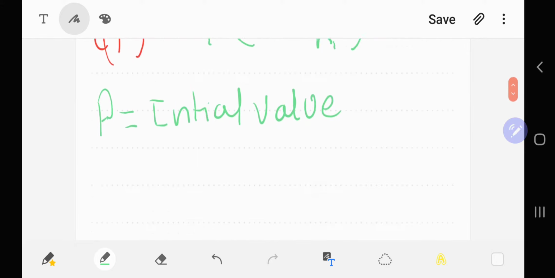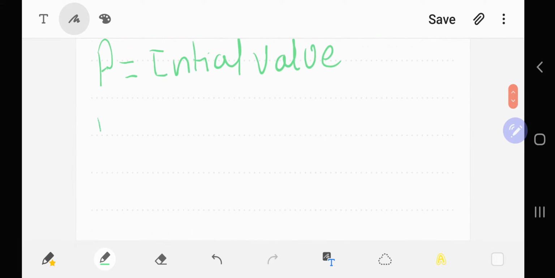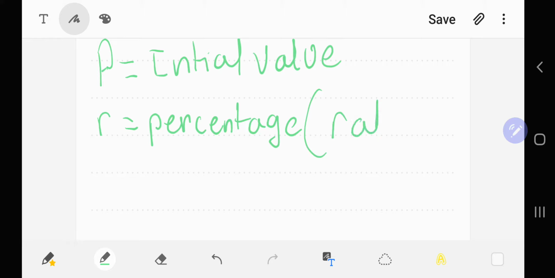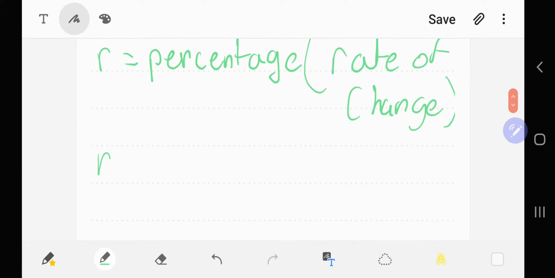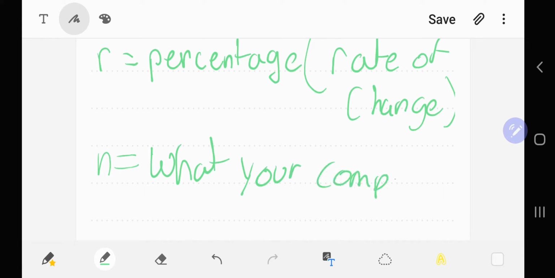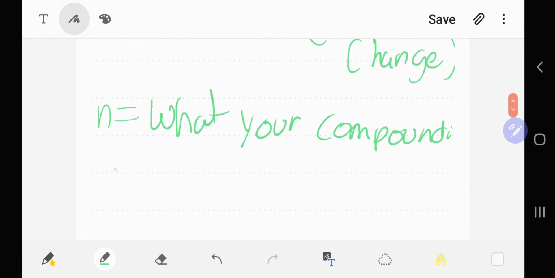So P equals the initial value. R equals the percentage, or rate of change. N equals what you're compounding by.